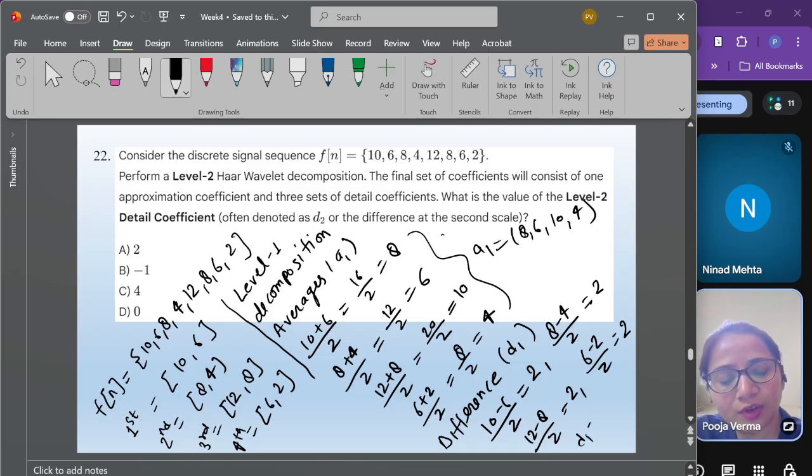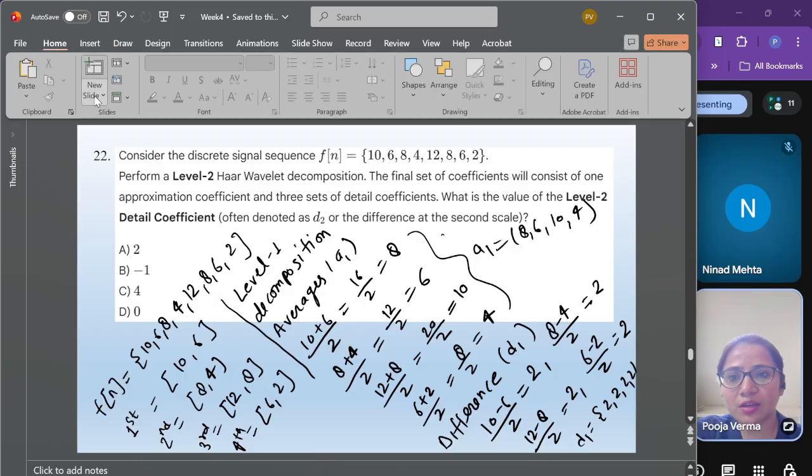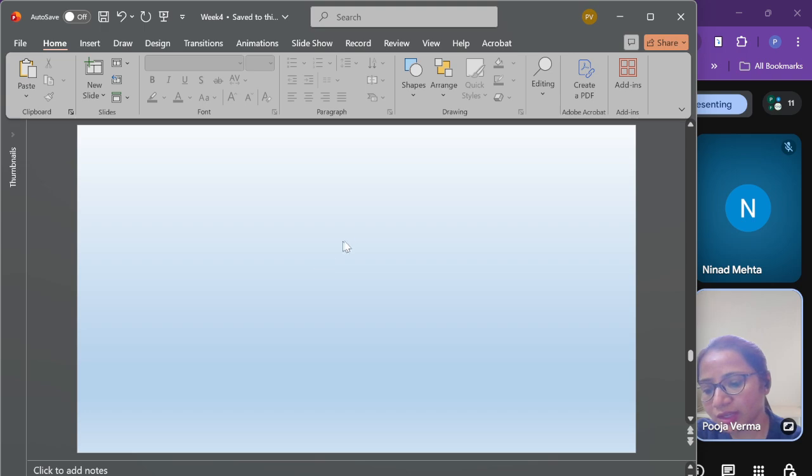So D1 is 2, 2, 2, 2. This is the level 1 decomposition. Now let me add one more slide here. Now we move to the level 2 decomposition.